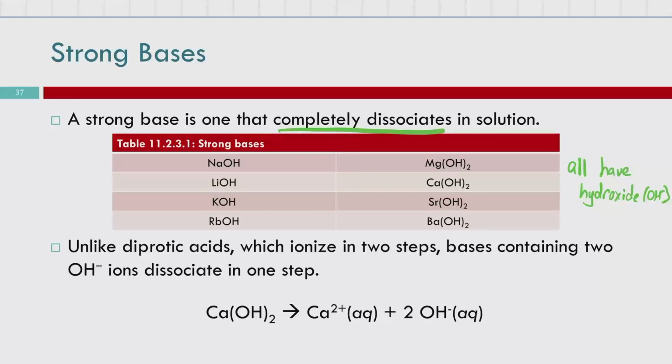There's another thing that they all have in common. It's the type of thing that they are. What type of thing are they? Let's think about our nomenclature categories. Are they acids, molecules, or ionic? They're ionic. They've got a metal and a non-metal part. In this case, the non-metal parts are hydroxide. The metal part is the metal.